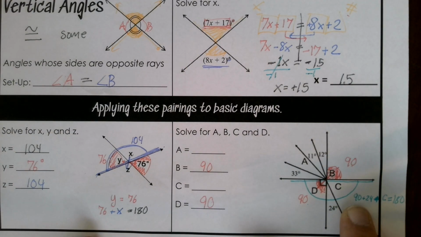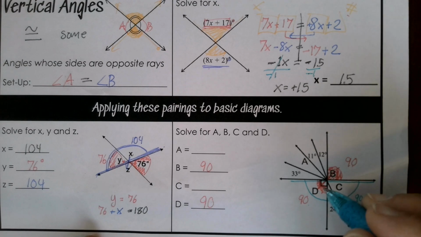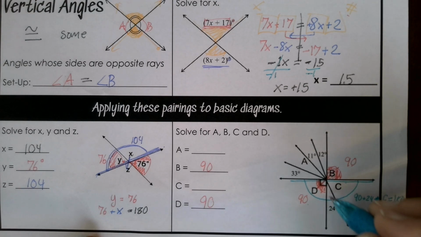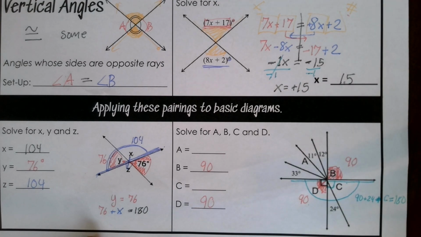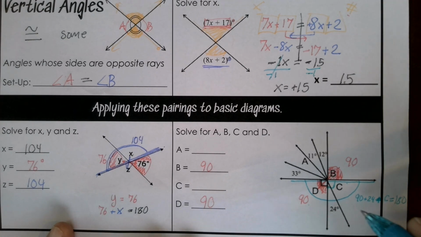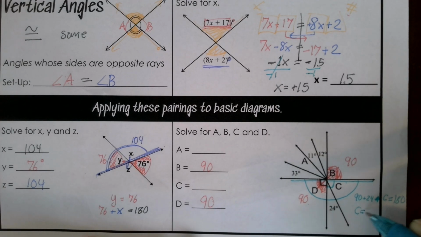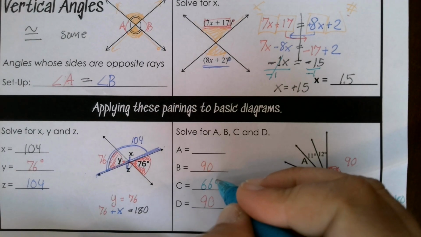Now the fact that this half is 90 and this half is 90 might help too. You could set it up this way. Or I could add these together. I have 90 and 24 together. And if I take this and I subtract 90 and 24 from 180, I figure out that C has to be equal to 66 degrees. Okay, 66 degrees.